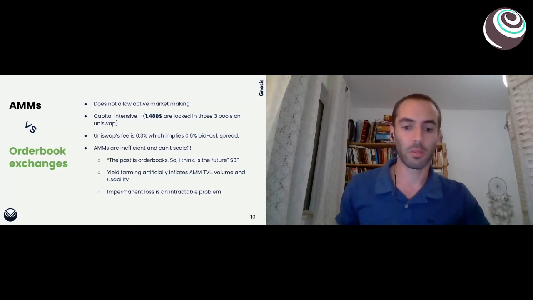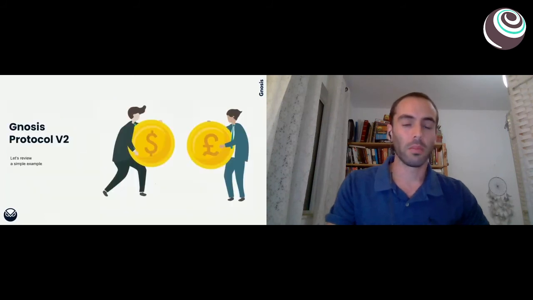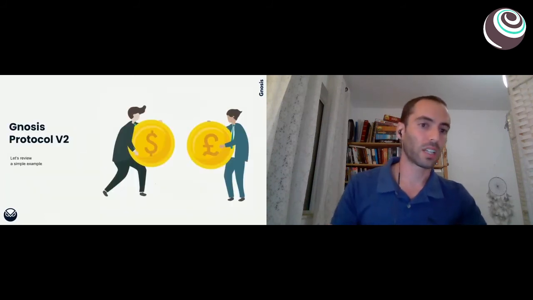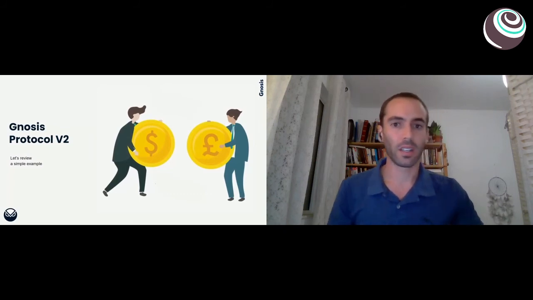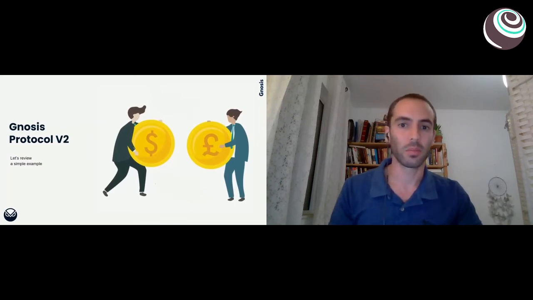And now with this in mind, I want to go into Gnosis protocol and look at how we try to leverage some of the advantages and try to mitigate some of the disadvantages to make a very efficient trading protocol. So I want to start with a simple example. Imagine you're standing in front of a currency exchange, wishing to exchange some cash for your next travel.